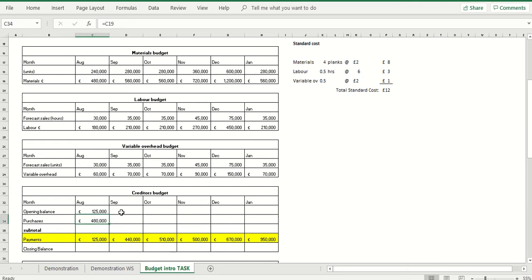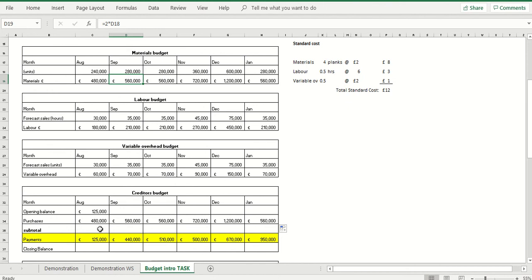Let's just turn it into something a bit easier on the eyes. So in August it is 480, and because we did it as a formula, we could just drag it across. So we can see that in our creditors budget, we expect in September to need to purchase £560,000 worth of goods or materials from our creditors, which have come straight from up here. It's sort of like lifting it from here down to here, from here down to here, and so forth.